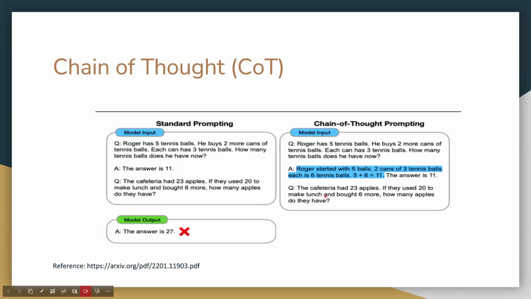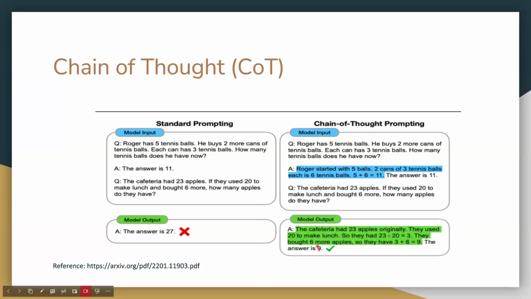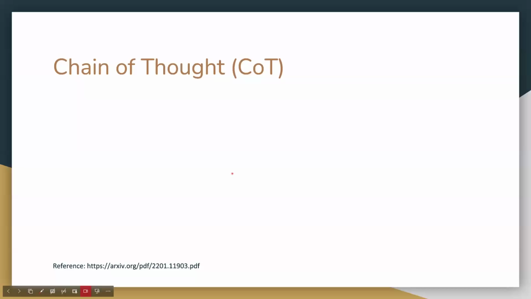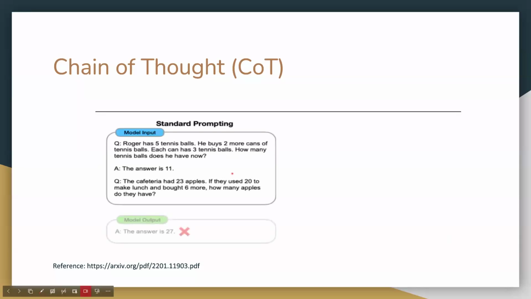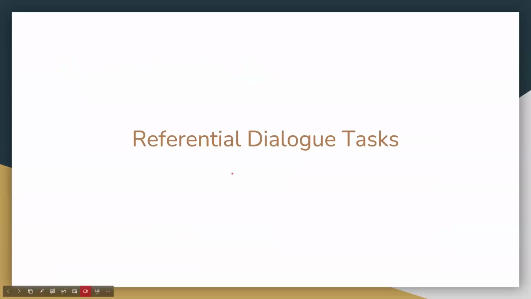So when the model is given a similar kind of question, it is able to apply a similar kind of reasoning. So that is chain of thought. But in this case, for Shikra, the chain of thought process is embedded with positional representation.